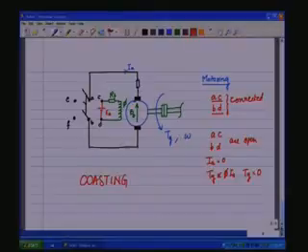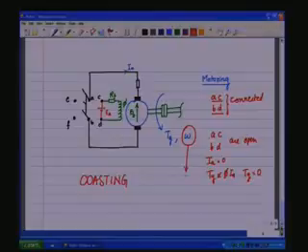What will come to 0? The mechanical speed, the omega, will gradually come to 0. Now, if the inertia of the mechanical system, whatever is connected as a mechanical load, is very high, then it can take quite a long time for it to coast down to 0.